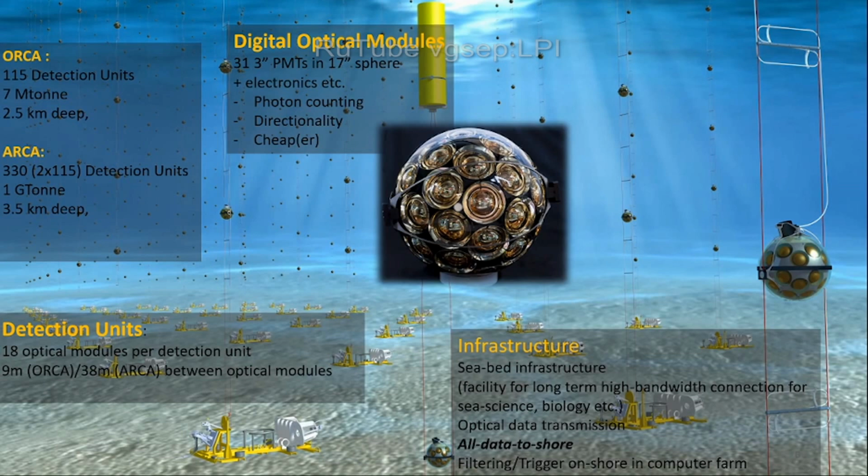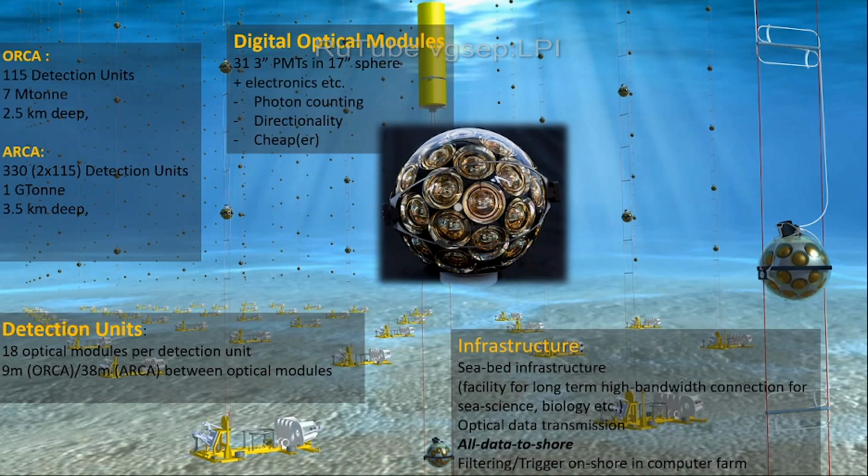So instead of one 10-inch photomultiplier tube in a 17-inch sphere, we put 31 smaller 3-inch PMTs in the same sphere. You get the same amount of photocathode area as 3 10-inch photomultiplier tubes, but on top of that, you can do better photon counting, you have directionality, and it's a lot cheaper to do it like this. So 18 of these spheres you can put on a vertical line, which we call a detection unit.